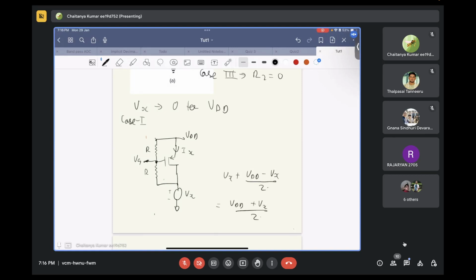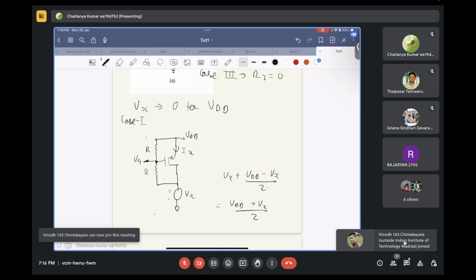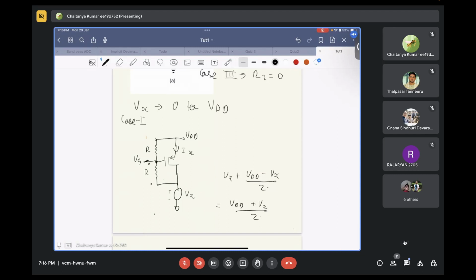What this comes out to be? Is it clear? Yes, sir. Initially, what mistake you were doing is you were just finding the incremental voltage across this. VDD minus Vx is the voltage across this series combination of resistors. And since this is a resistor divider, the voltage across this resistor will be VDD minus Vx by 2.